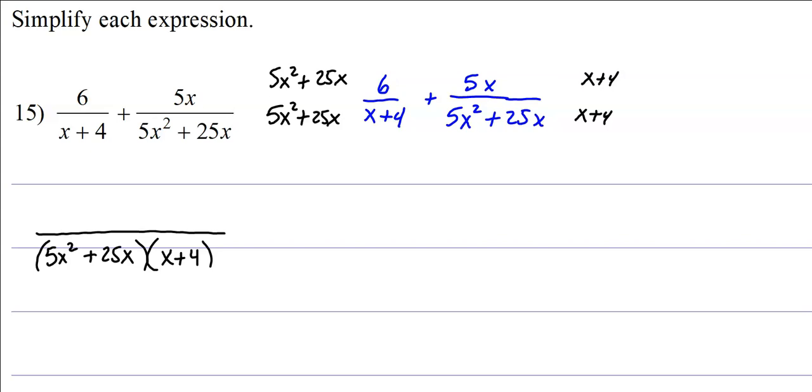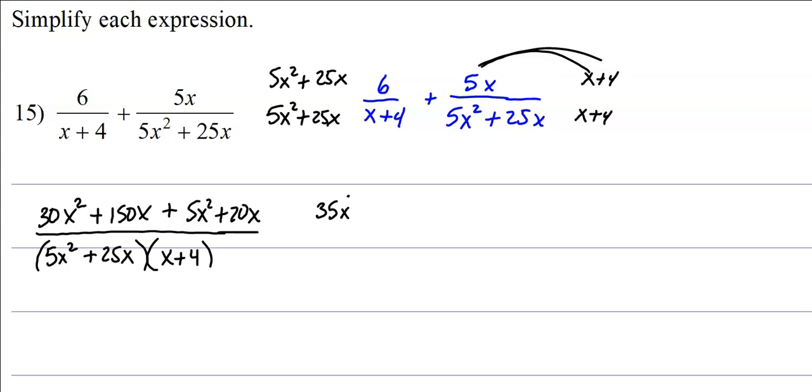On the top, I get 30x squared plus 150x, plus this part, which would be 5x squared plus 20x. Cleaning that top part up, I get 35x squared plus 170x. And that's the top piece.